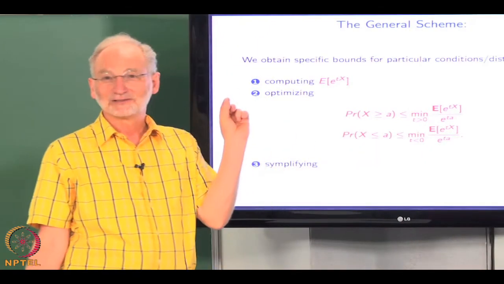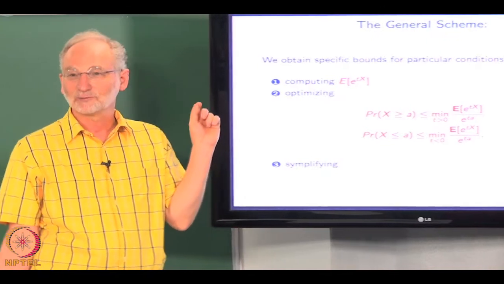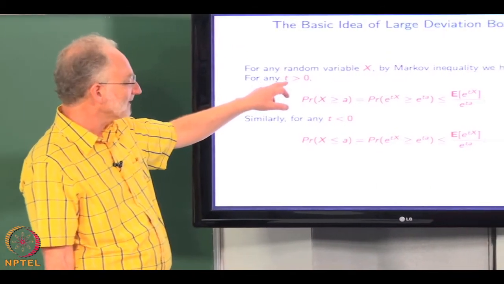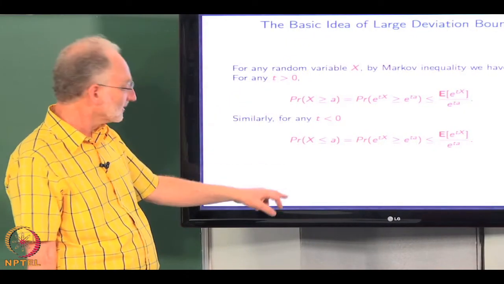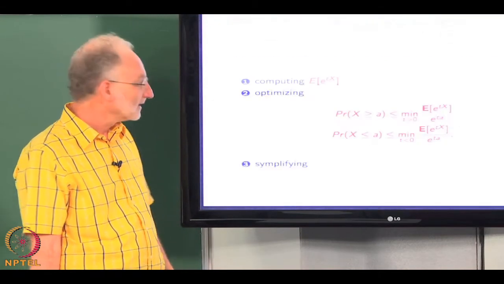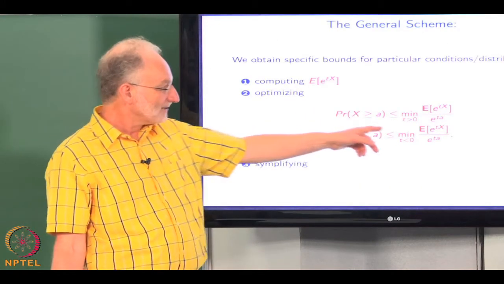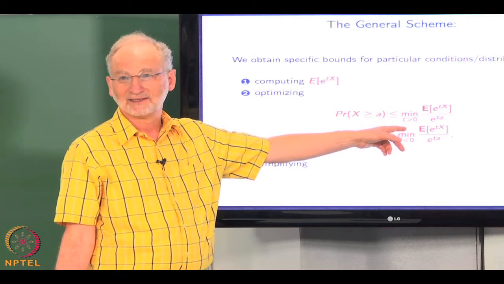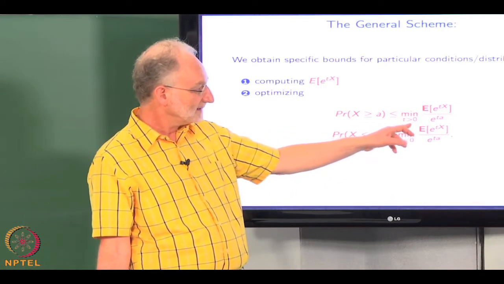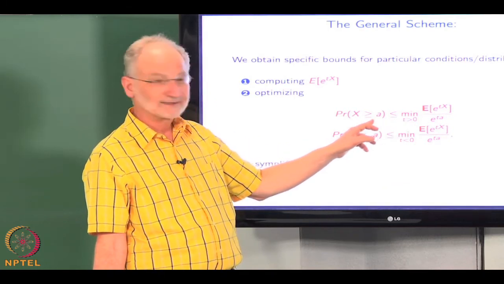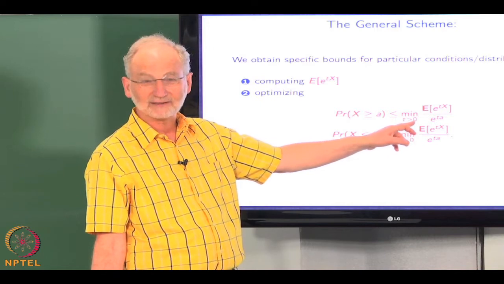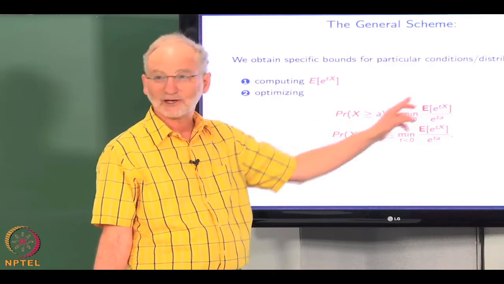But now we have a free value to play with, because we can take any t, either greater than 0 or smaller than 0. Since we want to get a bound, we'll try to play with t to find the minimum value for this bound.